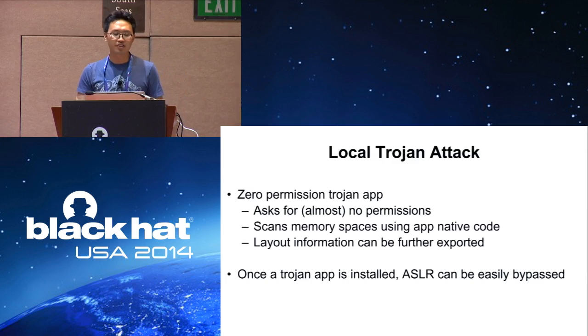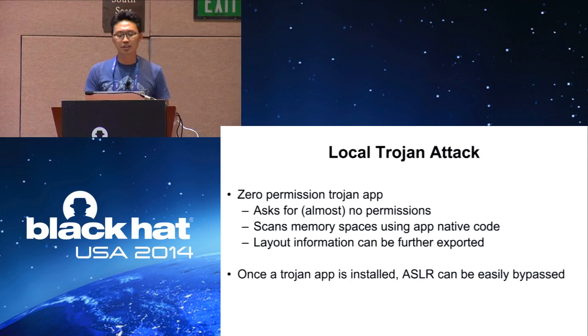The local Trojan attack is where we assume that the user installs a zero permission Trojan app. This asks for almost no permissions, and then scans the whole memory space using native code.